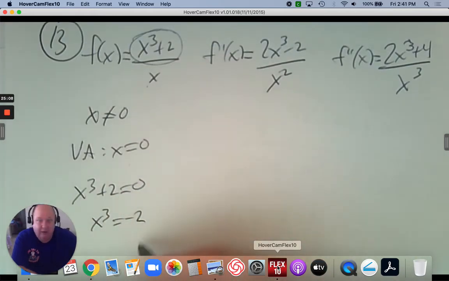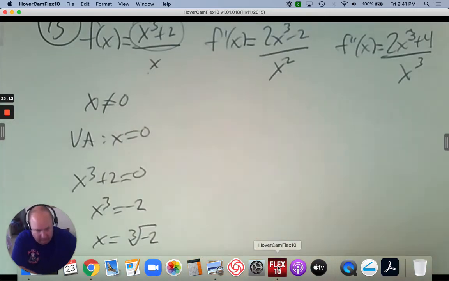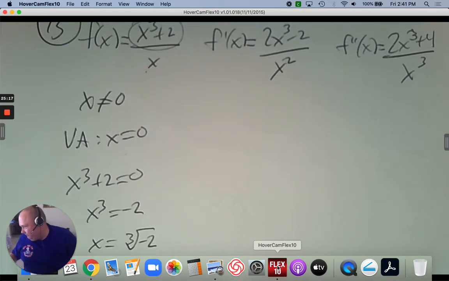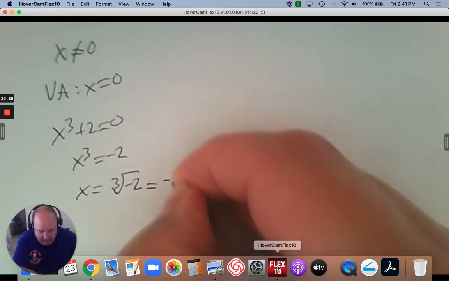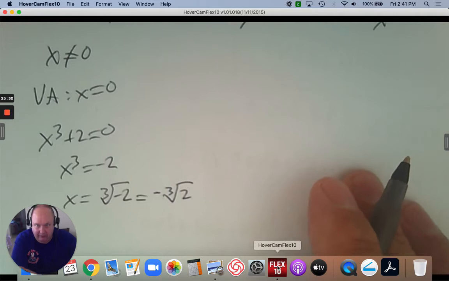And so when I look at this, x is the cube root of negative 2. That is the x-intercept. And ultimately, that's a negative answer. So we actually say it's negative cube root of 2, a little bit smaller than negative 1.